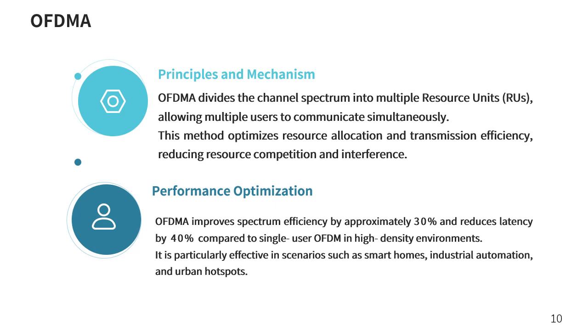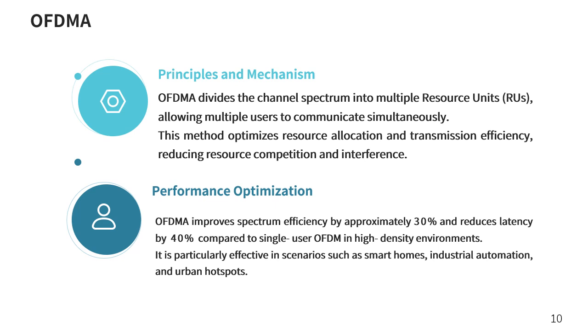Let's see how it differs from traditional OFDM. In principle, OFDMA means orthogonal frequency division multiple access. It's an enhanced version of OFDM and a core innovation in Wi-Fi 6.